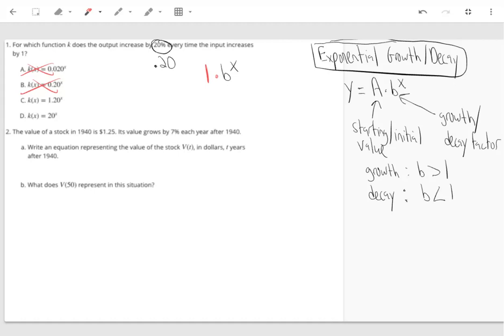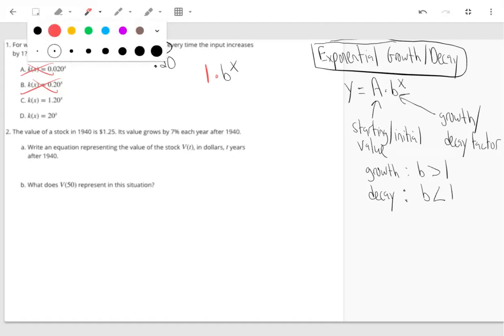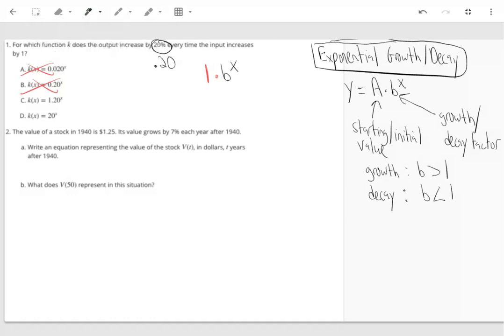Now, there's a special rule, and you should add this to your notes, when we're increasing or decreasing by a percentage. If we're increasing by a percentage each time, my growth factor is not going to be just the decimal form of the percentage.